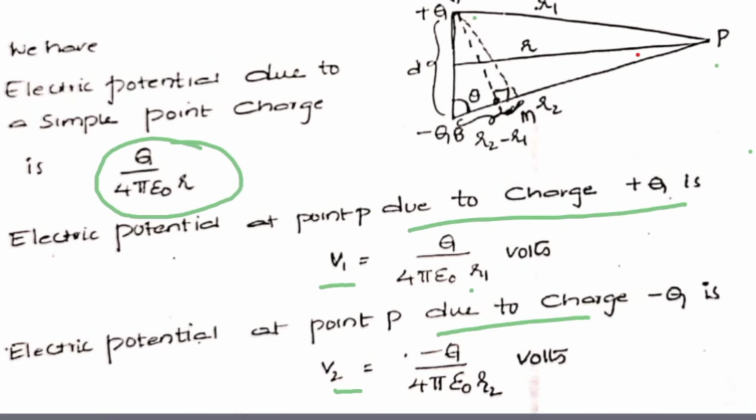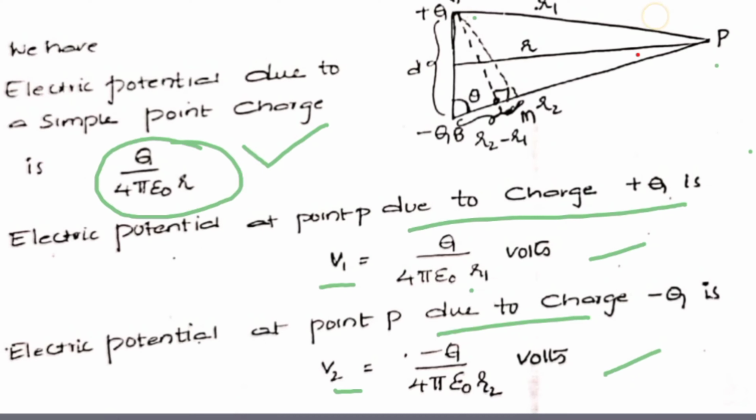Here r1 and r2 are the distances of point P from the charges plus q and minus q.